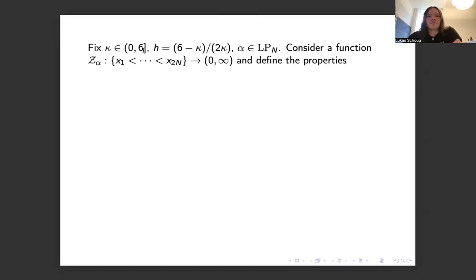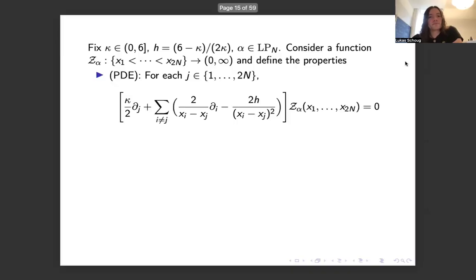So we can pick kappa to be at most 6, and then we pick some exponent here. You will see what that will mean, and then we pick alpha in these link patterns, and we consider a function on these ordered 2n tuples in the real line, and this should be a function that maps this to a positive real number. Then we have the property PDE, which is that this PDE is satisfied by the function.